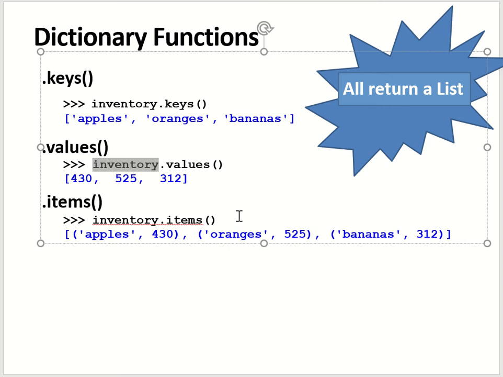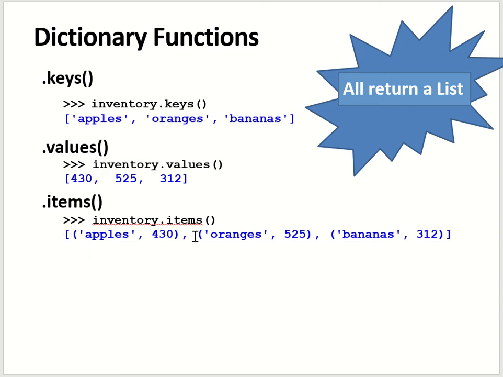And if you call dot items, it will return a list, and the elements of that list will be tuples. As you see, it's all enclosed in square brackets, so it's a list with 3 items. Each item is a tuple with 2 items, the key and the value.